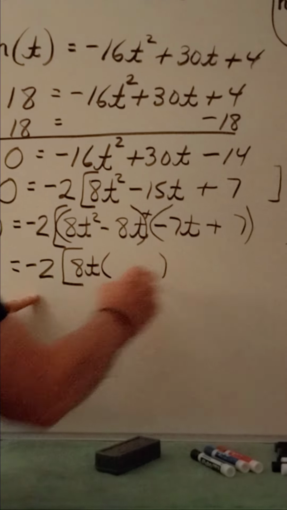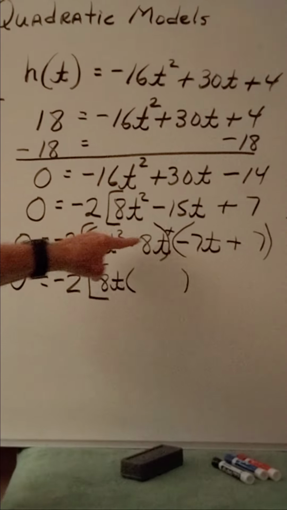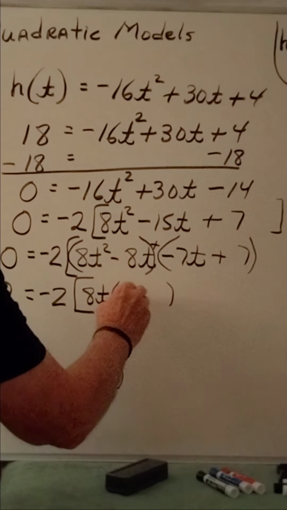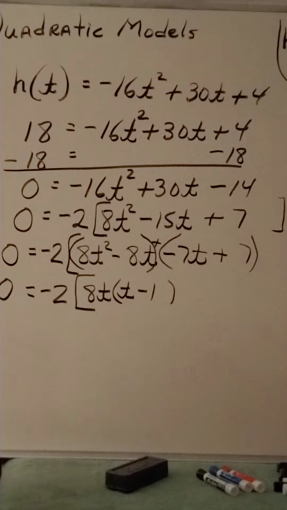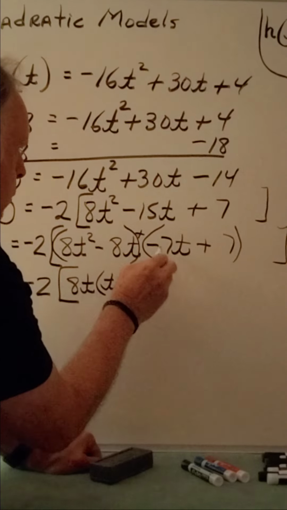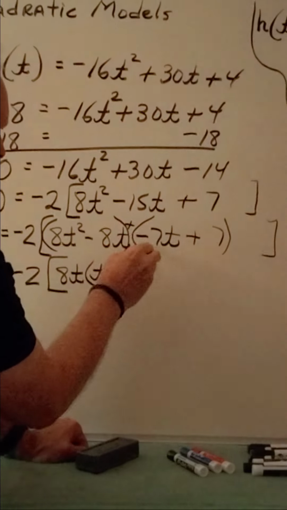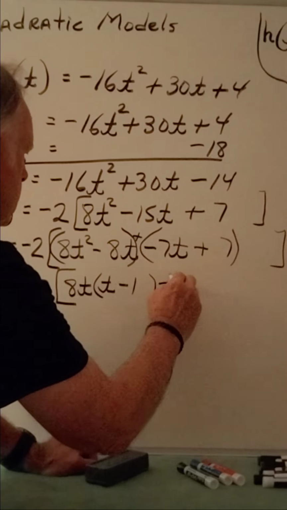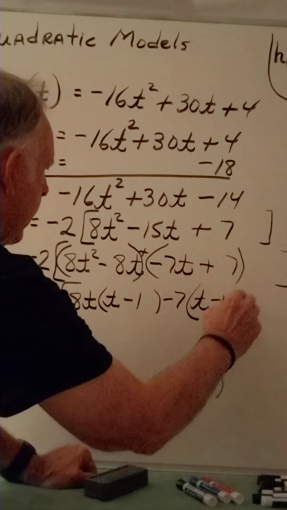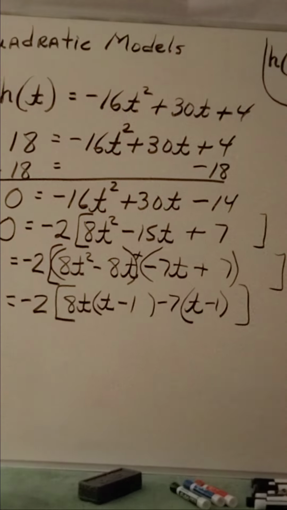Make a house. Divide each one of these terms by 8t. We'll have a t minus 1. Over here, take out a negative 7, because he begins with a negative. Negative 7, and by golly, we're going to get a t minus 1 there and close it off.